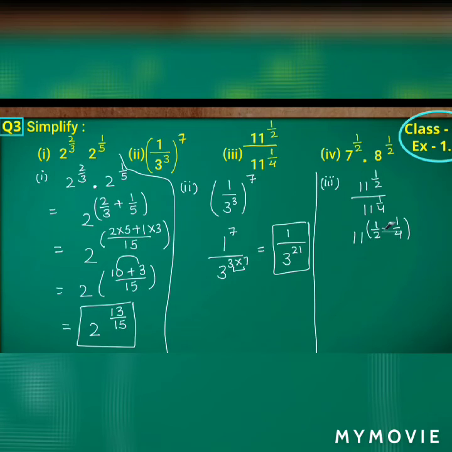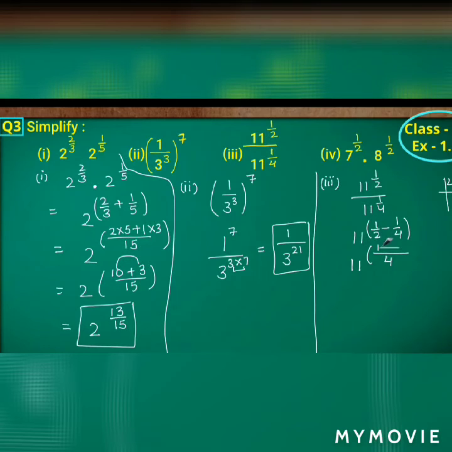Again we have to take the LCM, or else you can go for the cross multiplication, isn't it? If you are taking the LCM, 2 twos are 4, 4 ones are 4. So what are you getting as LCM here? 4 you are getting as LCM, isn't it? So 11 power, 4 is the LCM here. So 1 into 2 minus 1.